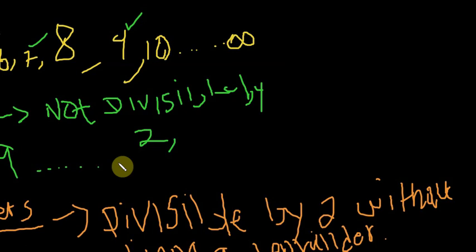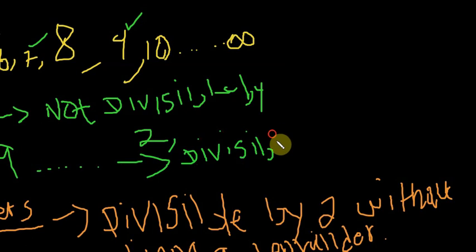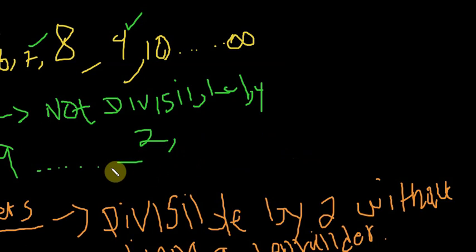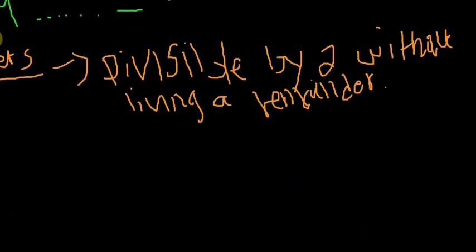When you divide them by 2, they always leave a remainder. If you divide odd numbers by 2, you get a remainder. So they are not divisible by 2. They give you a remainder. I emphasize that one a lot there.